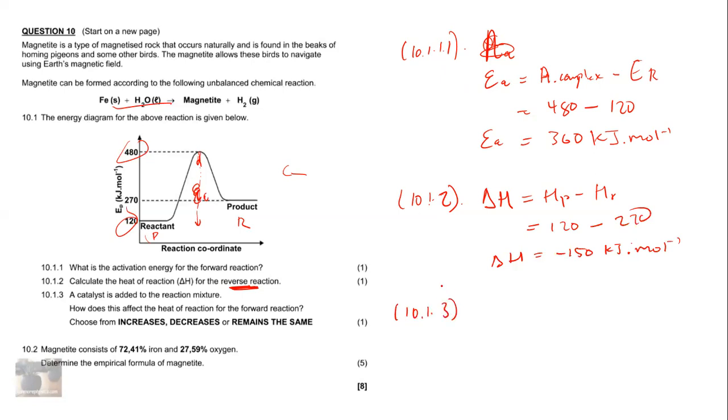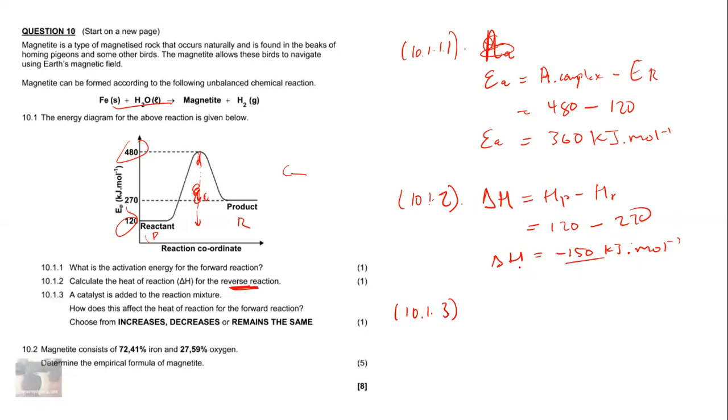10.1.3. Now they say to us, a catalyst is added to the reaction mixture. How does this affect the heat of reaction for the forward reaction? The catalyst, okay? Catalyst, guys, it speeds up the reaction. It has nothing to do with heat. This enthalpy will remain the same.